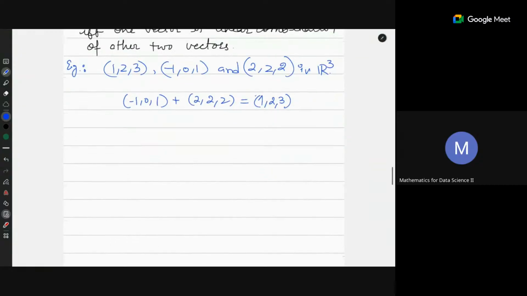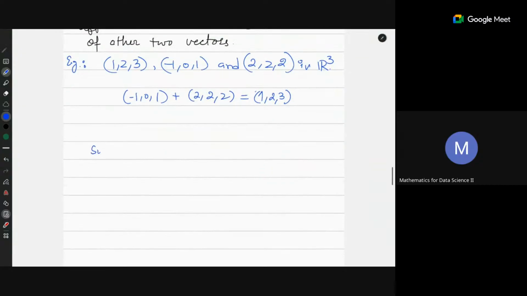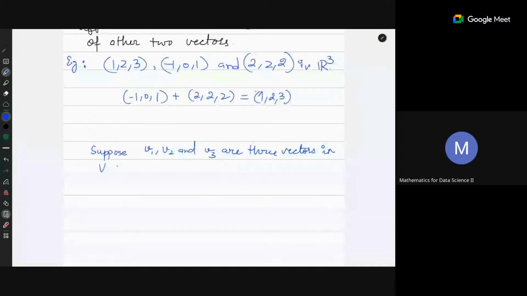Or in general, suppose v1, v2, and v3 are three vectors in some vector space V such that they are dependent.